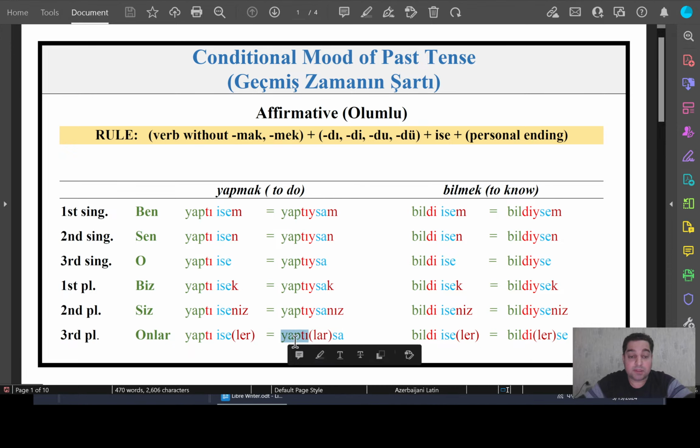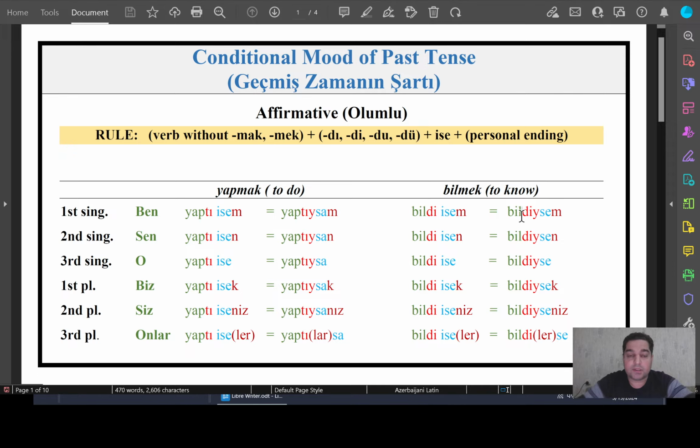Not yaptısalar. That's meaningless. It doesn't exist in Turkish. You just reverse it and make it yaptılarsa. Onlar yaptılarsa, if they have done it. For bilmek it will be ben bildiysem, sen bildiysen, o bildiyse, biz bildiysek, siz bildiyseniz, and onlar bildilerse. Okay, this one, bildilerse.